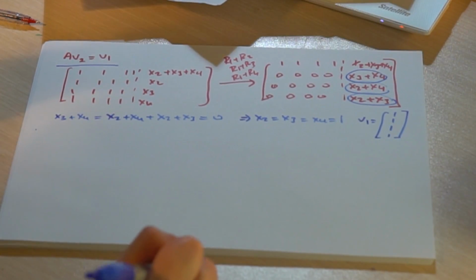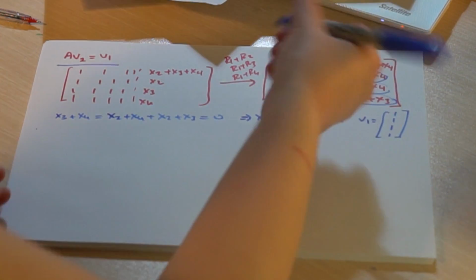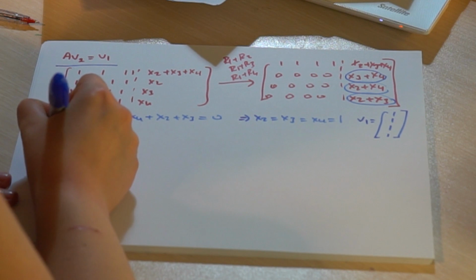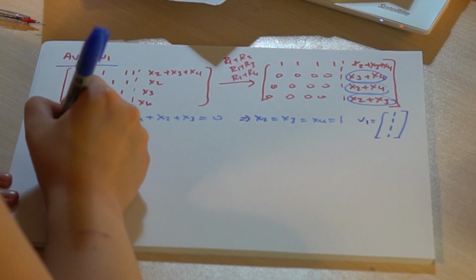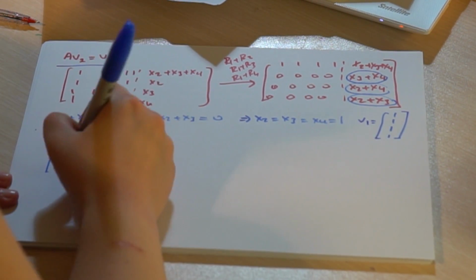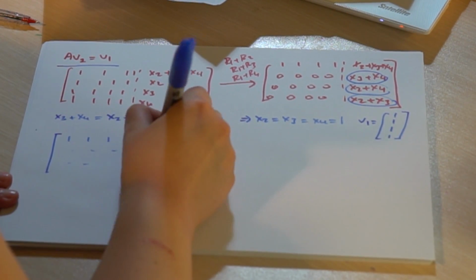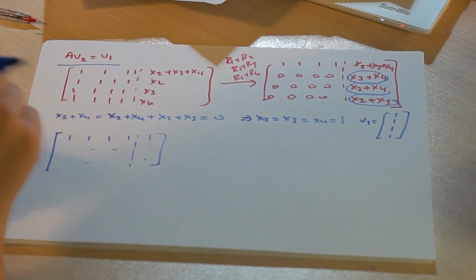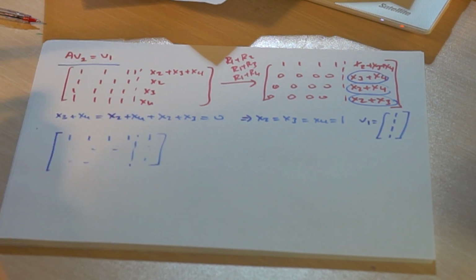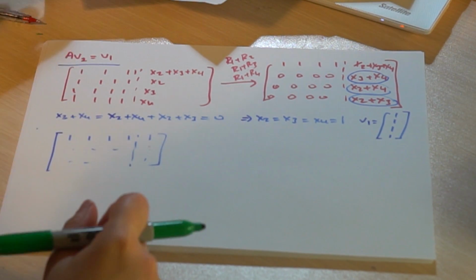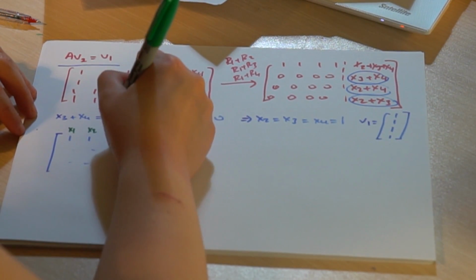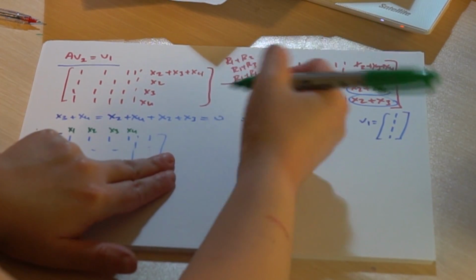Now we need to find V2. This is easier because we know the right side: 1, 1, 1, 1, and the other entries are zeros. Now we need to solve this one, where the right side x1, x2, x3, x4 belongs to V1.